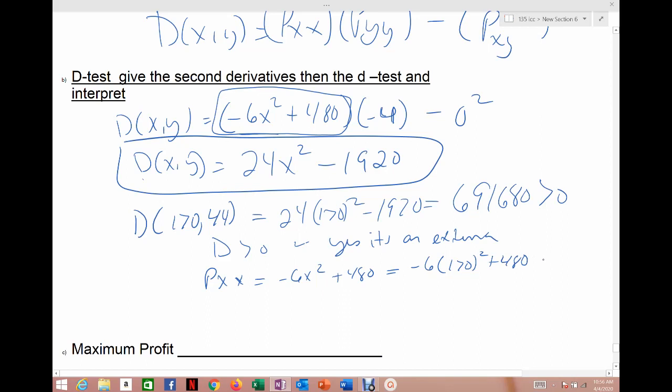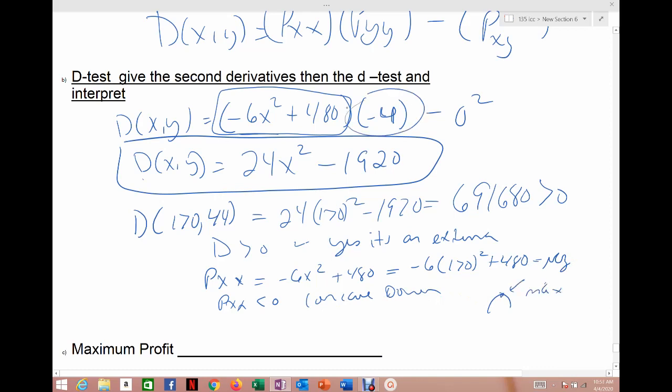All right, that comes out a negative number, which I don't have written down anywhere, but it does come out negative. Which means that's concave down, which is what we want, right? We want concave down in order for it to be a maximum.